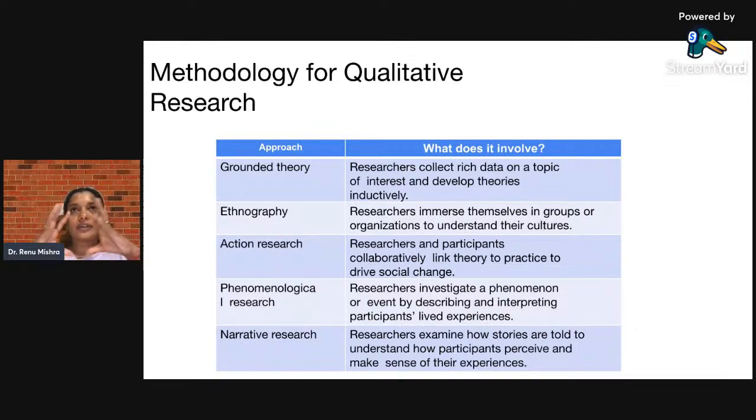Narrative research is when you collect the data, whatever information you have got from qualitative research, and narrate it, and how that data makes sense, and how it should be interpreted for others.